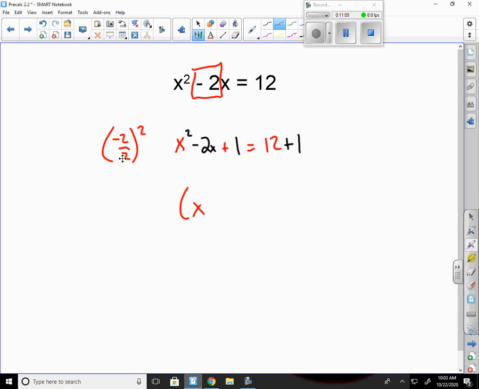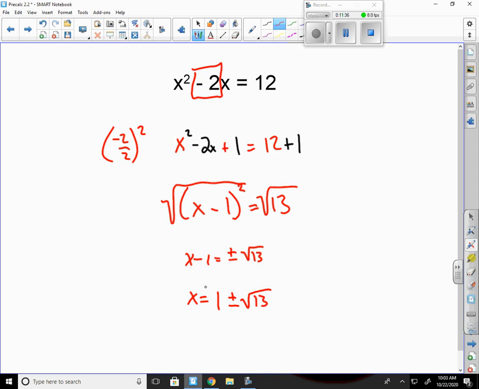Negative 2 over 2 is 1, so this turns into x minus 1 squared equals 13. Take the square root of both sides. It gives me x minus 1 equals plus and minus root 13. Add the 1 over, x equals 1 plus and minus square root of 13.